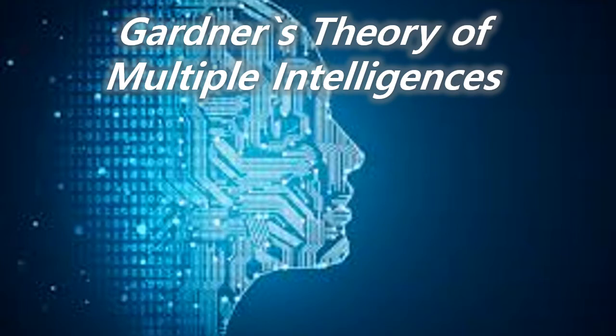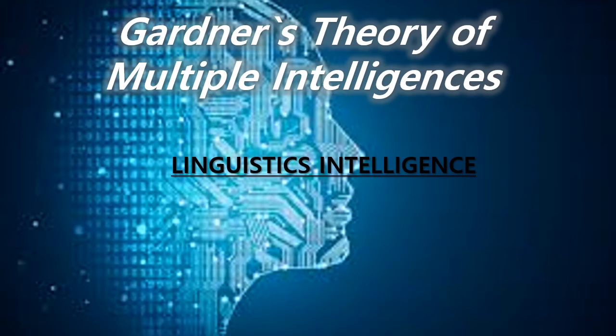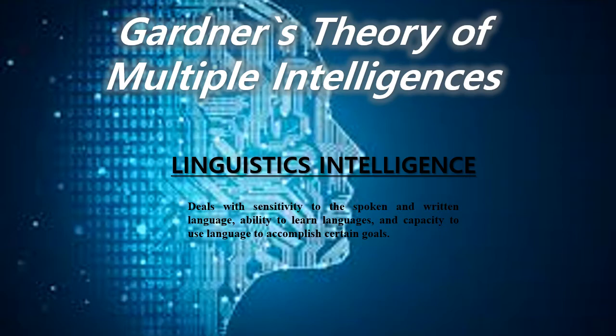Now let's begin. The first intelligence of Gardner is linguistic intelligence. Linguistic intelligence deals with sensitivity to spoken and written language, the ability to learn languages, and the capacity to use language to accomplish certain goals.